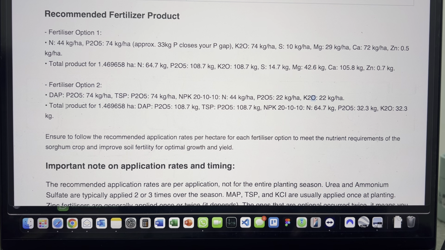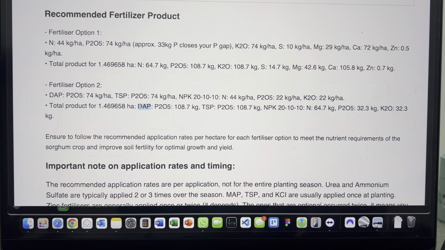What you should pay attention to is the total product for the farm size. So the total product you need for DAP is 108 kilos. Now, to calculate this, you need to know what percentage of phosphate is in DAP.